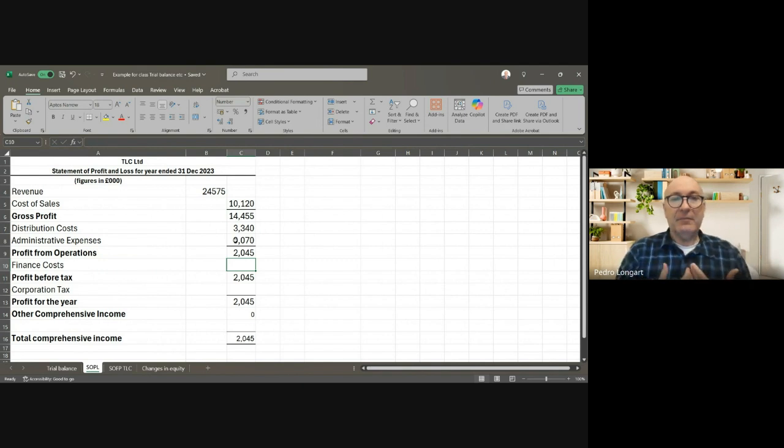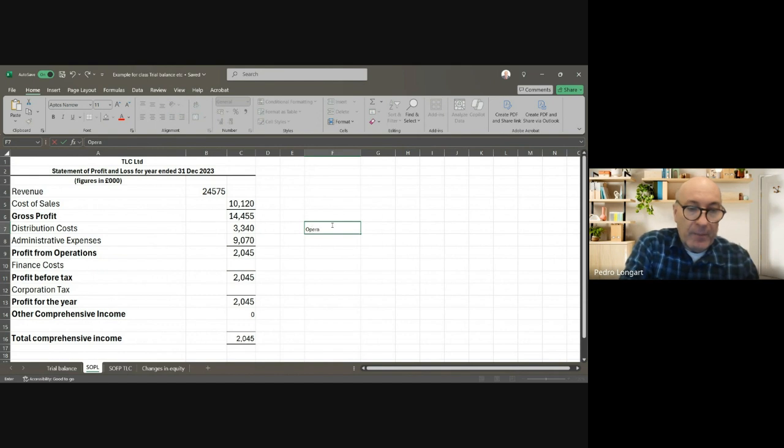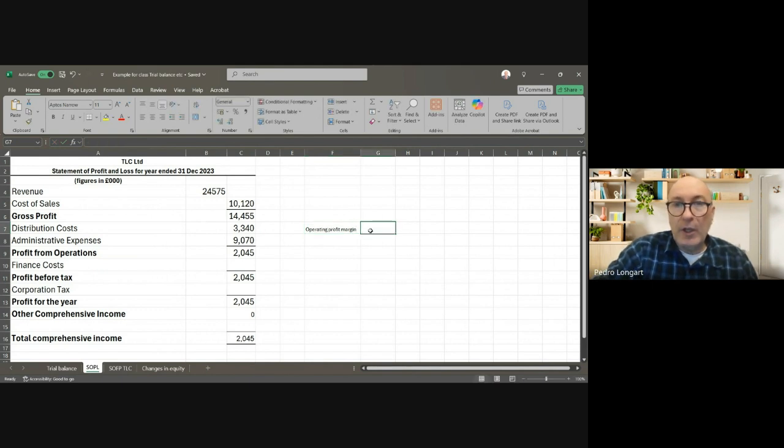Anyway, you have now the profit from operations. Is it a good profit? Well, we have to see. This is what we call the operating profit, the one that the operations manager can control because it's part of the operations. Okay, and let's actually calculate the operating profit margin. It's simply the operating profit divided by the revenue.